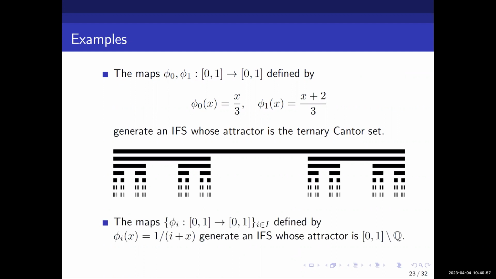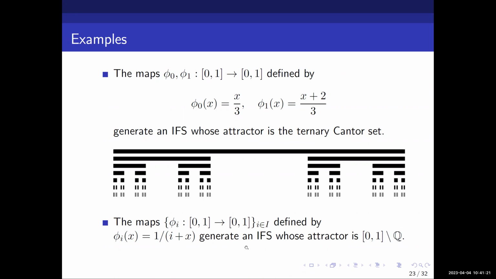A little more exotic of an example is you actually have a countable collection of maps. So I have a typo here. This should be i in the natural numbers. So this is a countable collection of maps generated by 1 over i plus x. And in this case, you get an infinite iterated function system, and its attractor is all the irrational numbers in the interval.